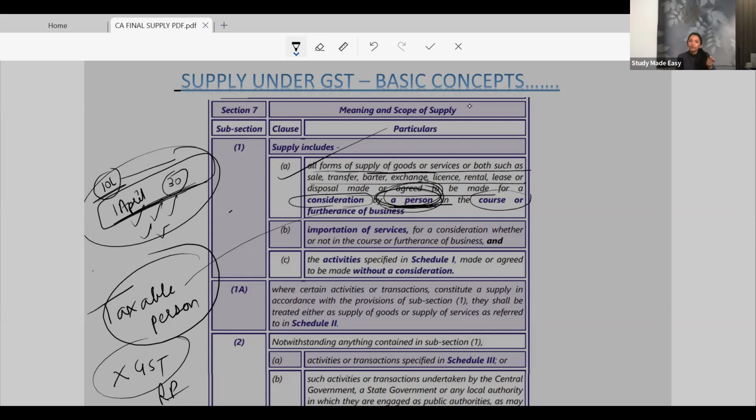Done. So this was the meaning of person in your definition of supply.